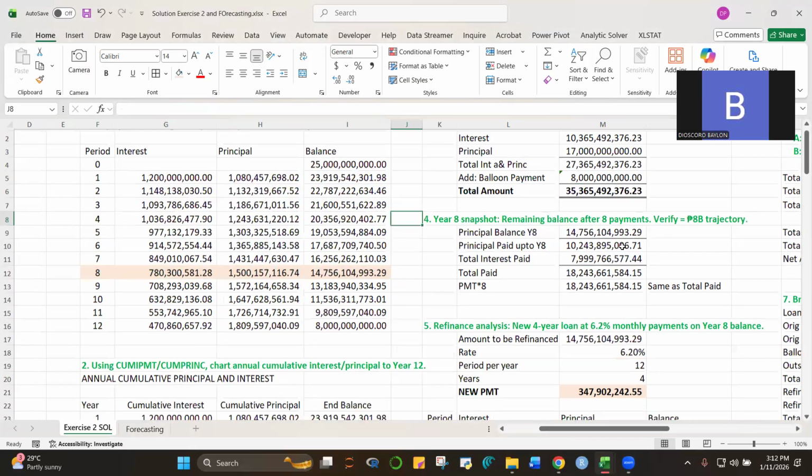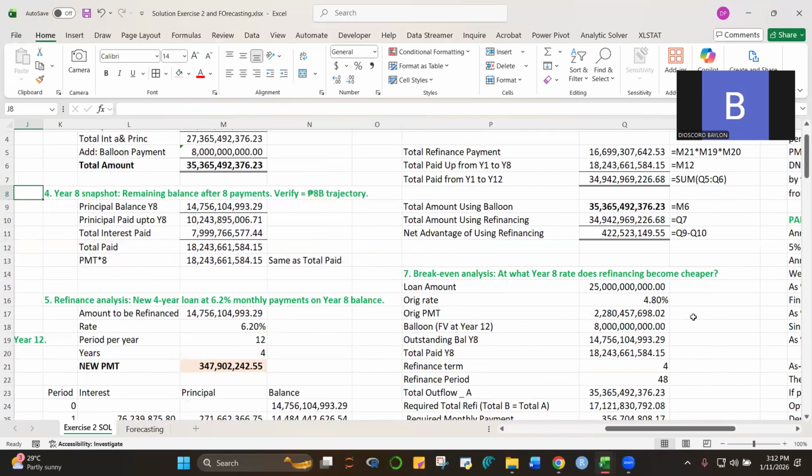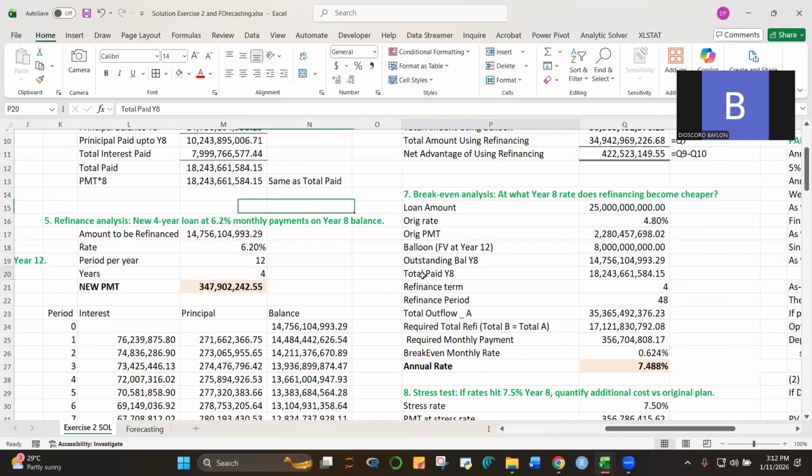14,756. That's the principal balance. Also, we know that the total paid for year 8 is 18. So we know also that the total cash outflow for option A is 35.